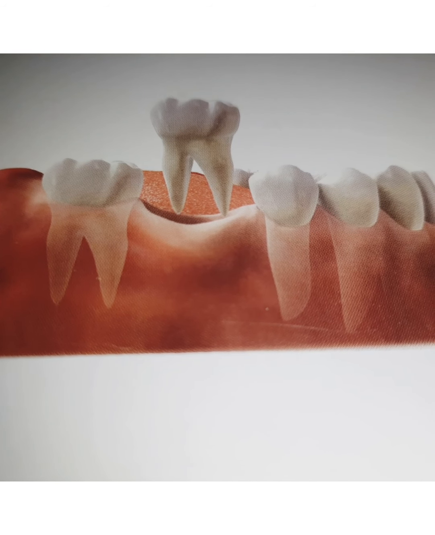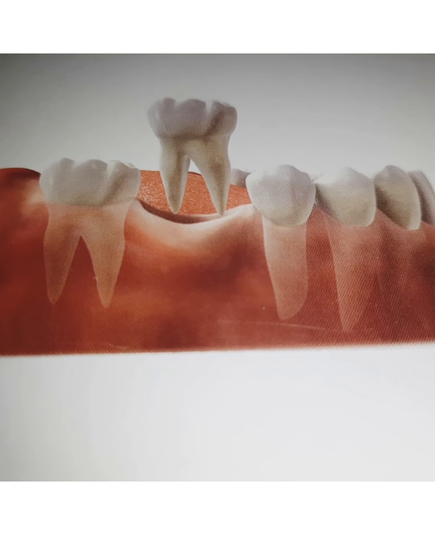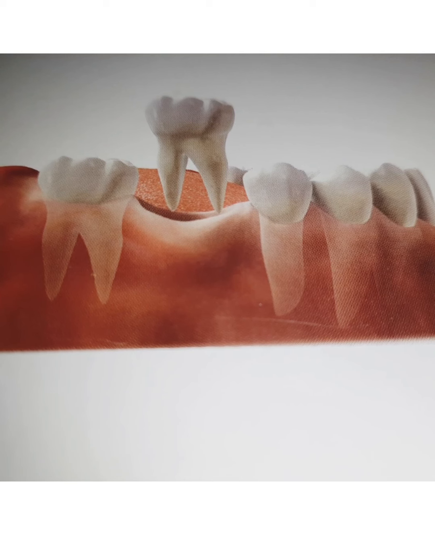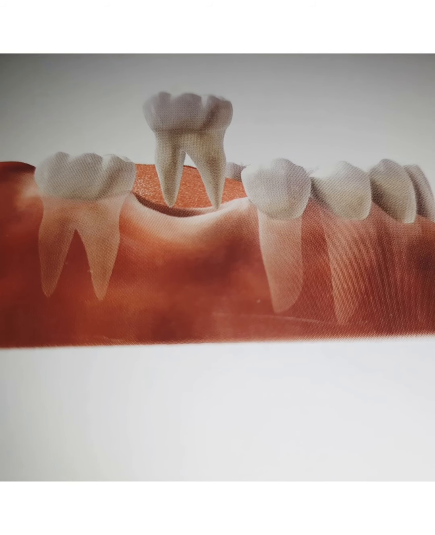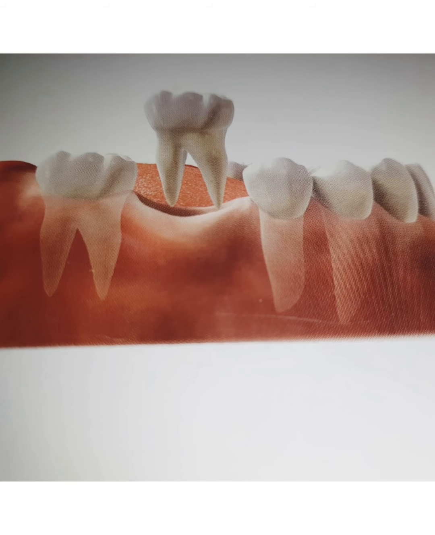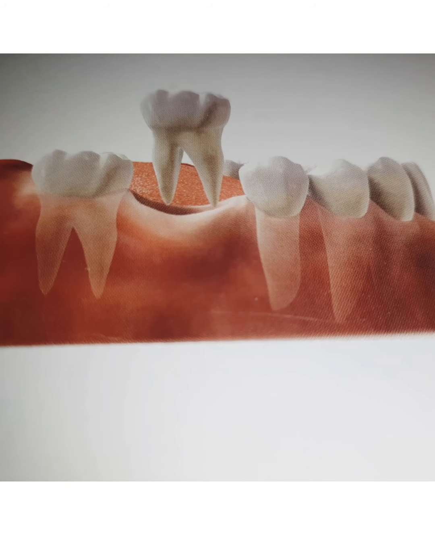Now, residual ridge resorption, or RRR, by definition is a term used for the diminishing quantity and quality of the residual ridge after the teeth are removed. And we can consider residual ridge resorption as chronic, because it occurs over a long period of time.